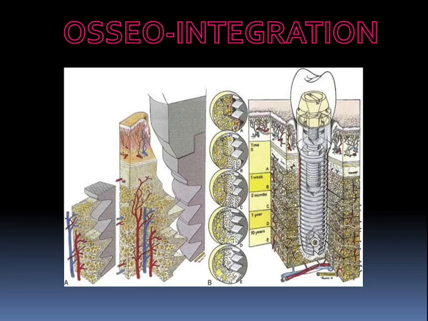Apart from this, after 8 to 12 weeks, that is about 2 to 3 months, you can see a mature bone which is growing and hence a mature bone surrounding the implant is seen. So that can be called as osseointegration. So basically this osseointegration takes a minimum of about 3 months to occur.